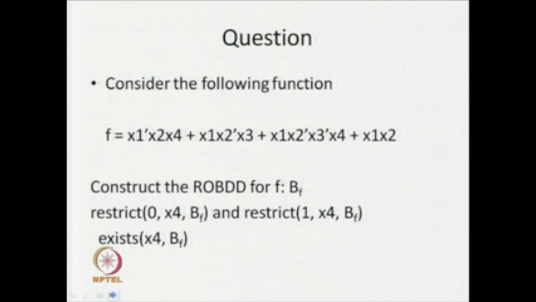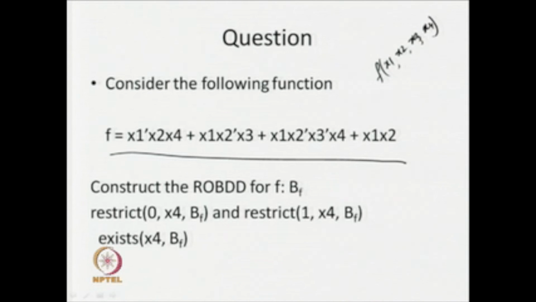So, just look at a simple question over here. I am saying consider this Boolean function. I am giving a function f which depends on 4 variables x 1, x 2, x 3, x 4.